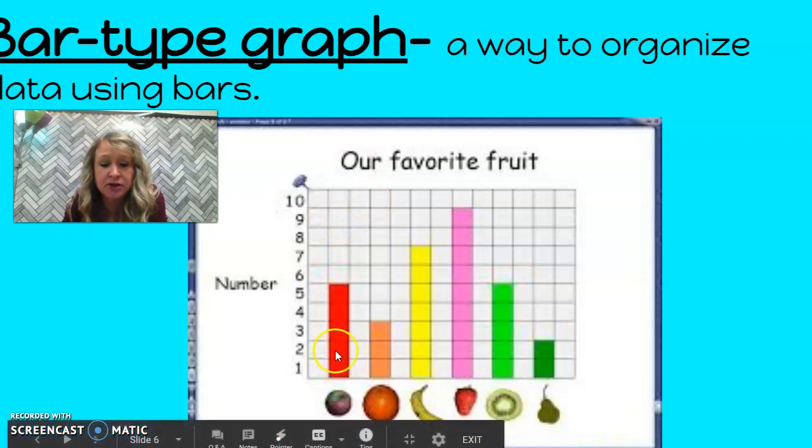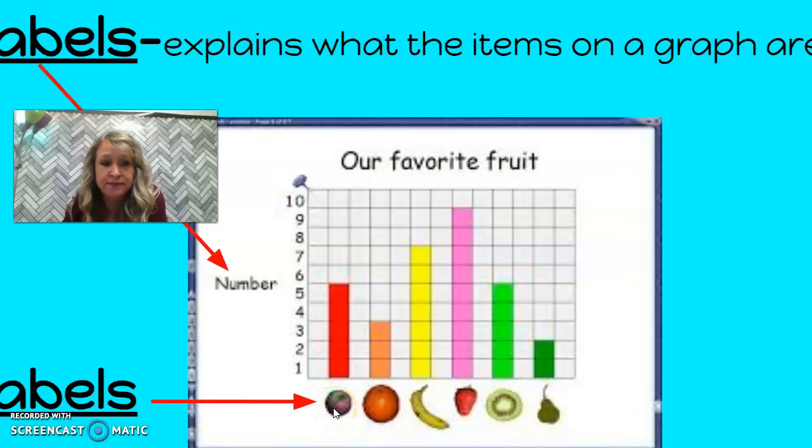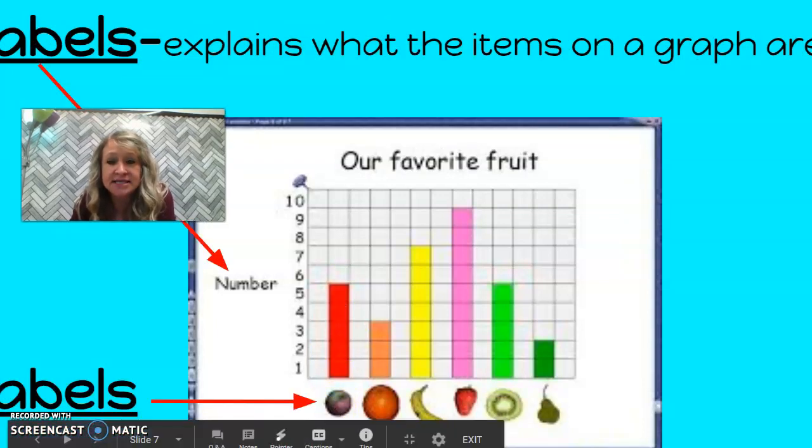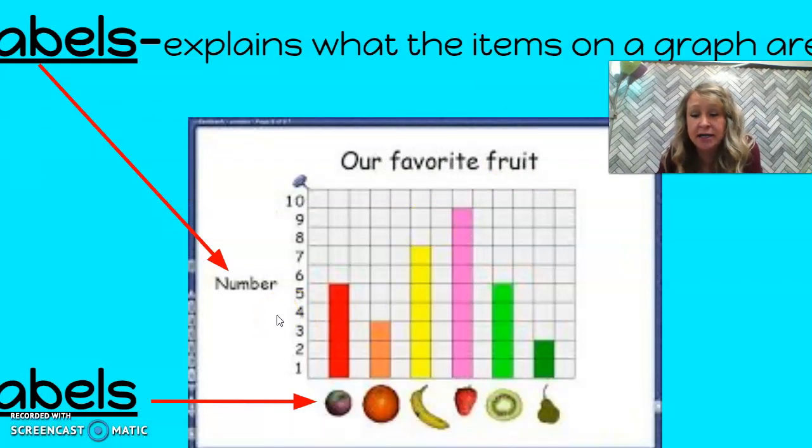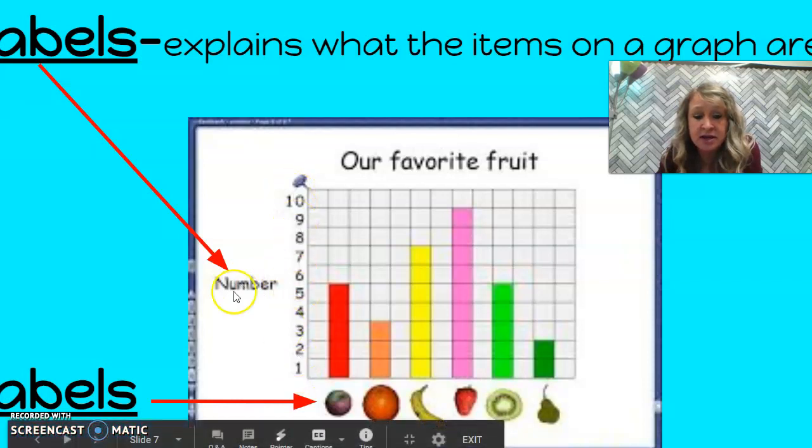Each box is colored in for each vote for this type of fruit. Labels, say labels. Labels tell you what the items on the graph are. So these numbers are the number of students. These pictures of the fruit are the type of fruit they voted on, or their favorite fruits.